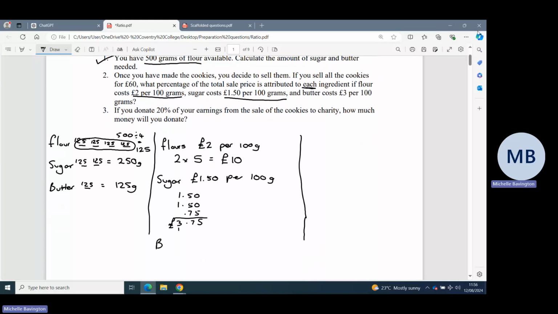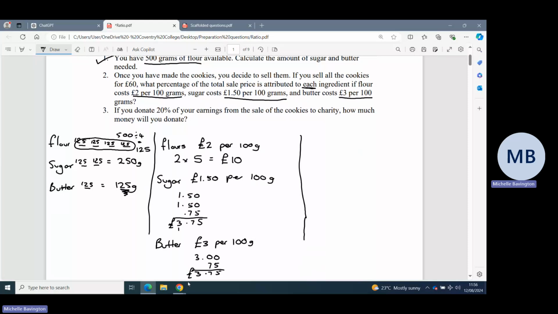And the butter costs, what does the butter cost? £3 per 100 gram. And I've got 125, so it's going to be £3 for the 100, and then divide that by 4, because the 25 here goes into 100 4 times, so it's going to be 75.